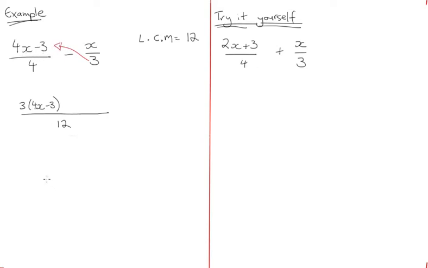That's one way of thinking of it. But another way is this 4 was multiplied by 3 to become 12, the 12 that you see below, okay? So if we multiply the bottom, we have to multiply the top. And that's what we're doing, 3 multiplied by 4x minus 3.